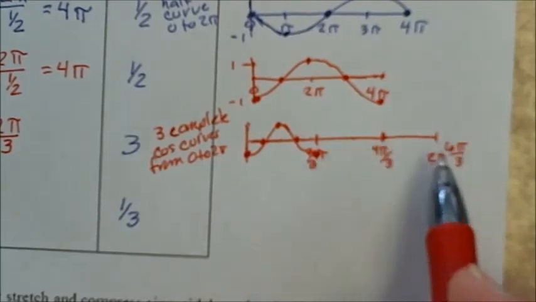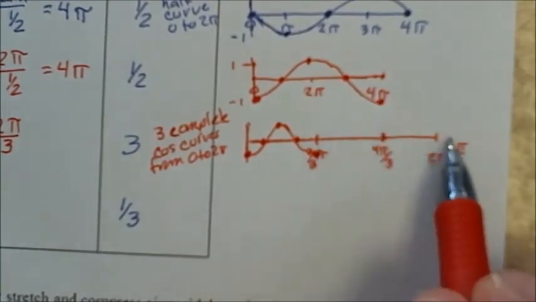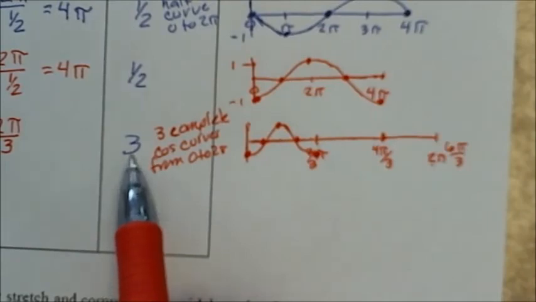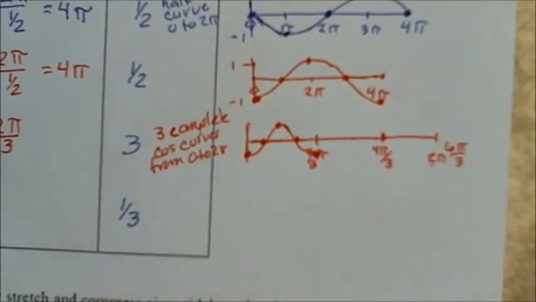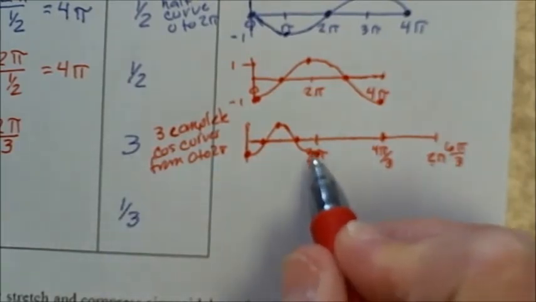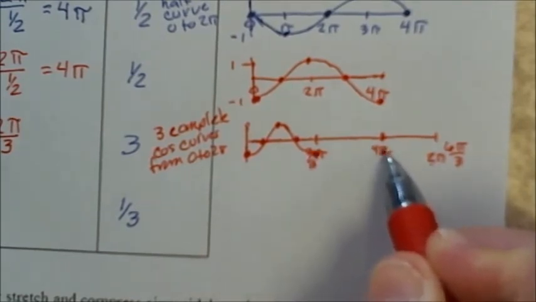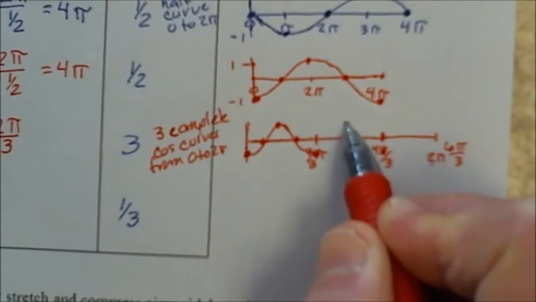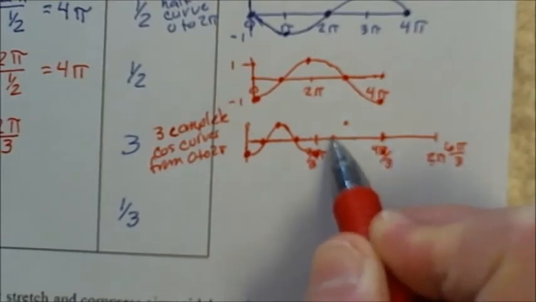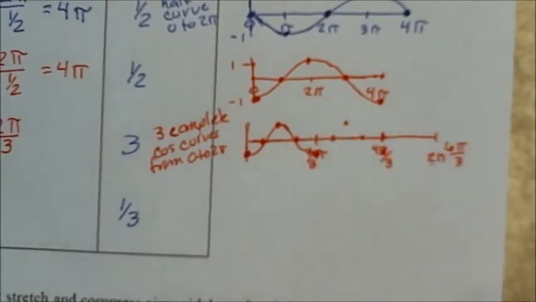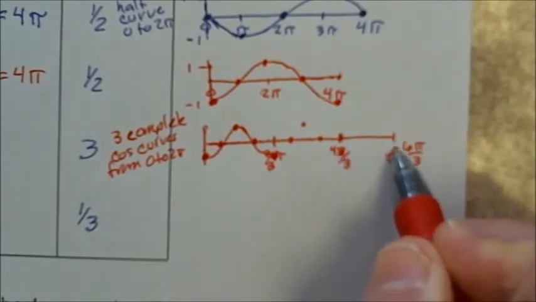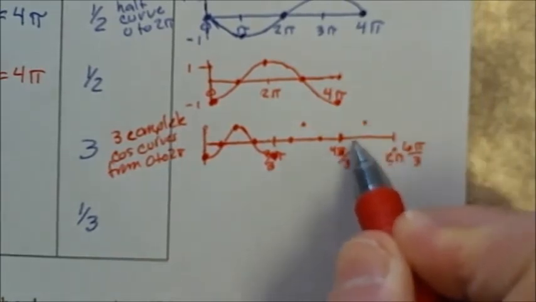And now if I continue, I should draw 2 more, because I should have 3 from 0 to 2 pi. And again, I'm going to sketch these dotted. Okay, so there and there, midway between, be up at +1. Marking my 5 points always first, and then connecting them.